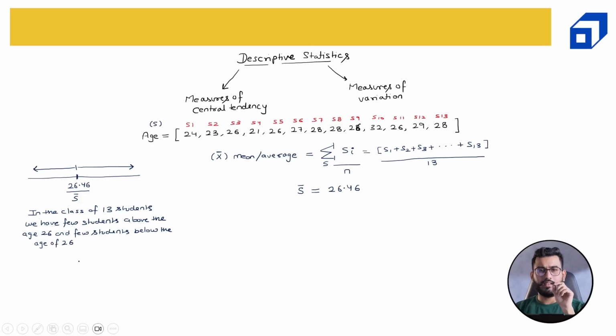So we are having few students above 26 and few students below 26, and this 26 is basically describing the center of my data.